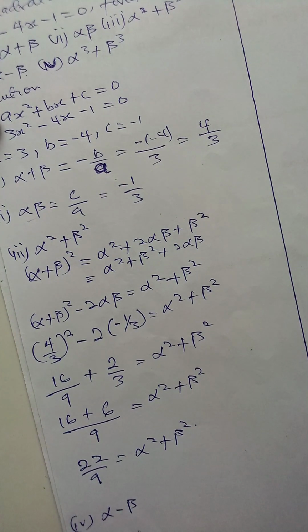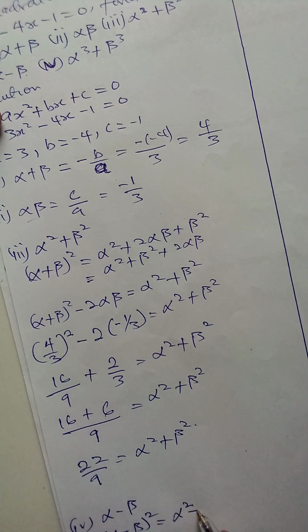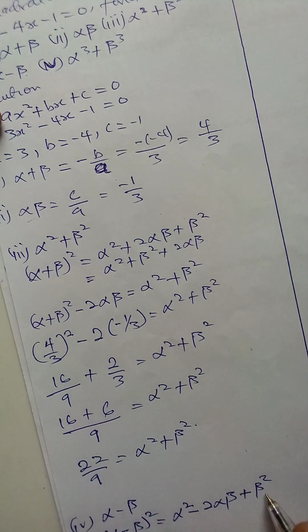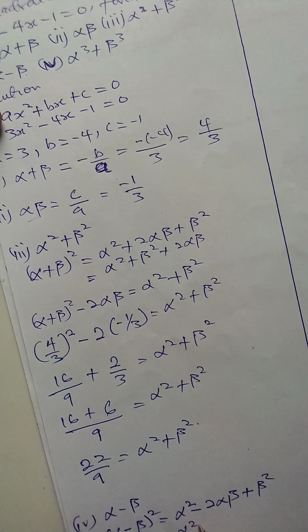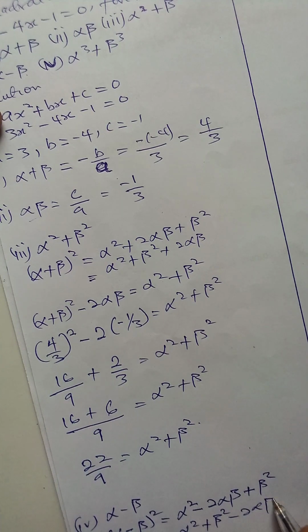So let's start by expanding alpha minus beta all squared. When we expand that, we'll have alpha squared minus 2 alpha beta plus beta squared. Alpha squared plus beta squared, we bring them together, then minus 2 alpha beta.